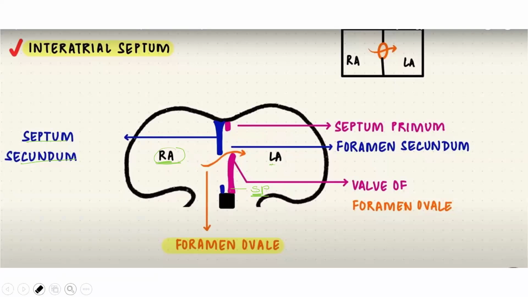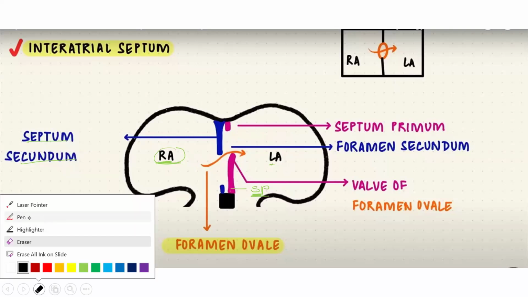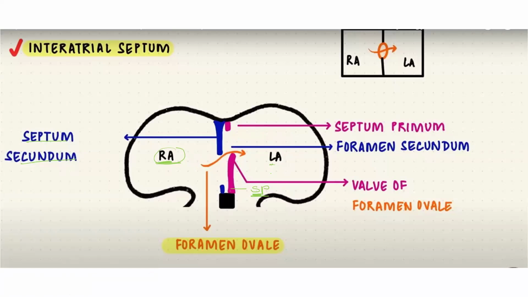But what happens after birth? Pressures within the left atrium will increase. Because of that increase of pressure within the left atrium and a decrease of pressure in the right side, this part of the septum primum will be forced to move in that direction.